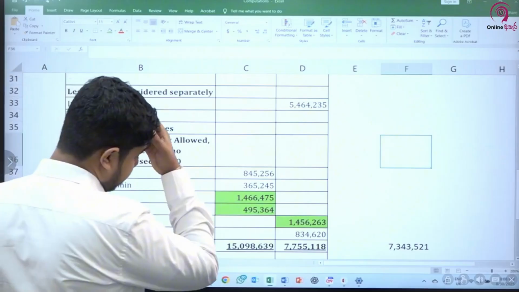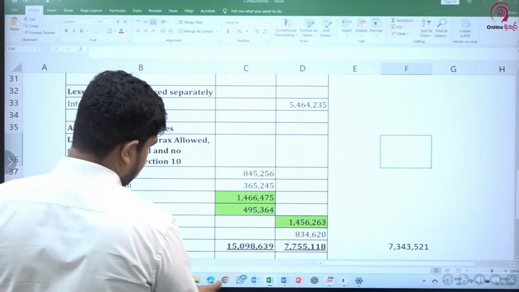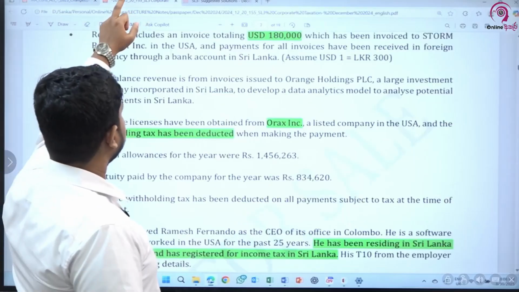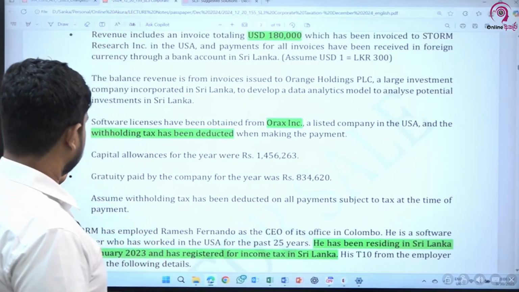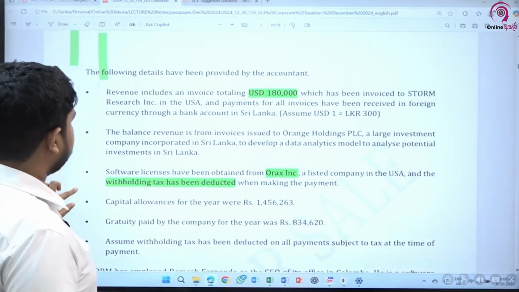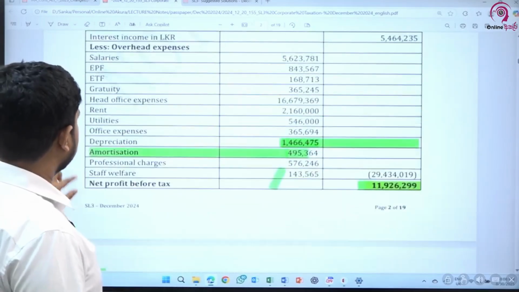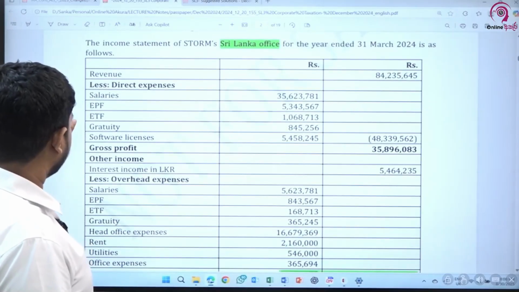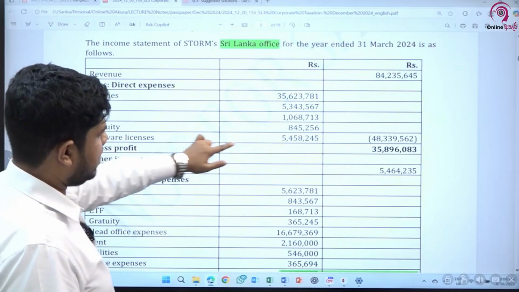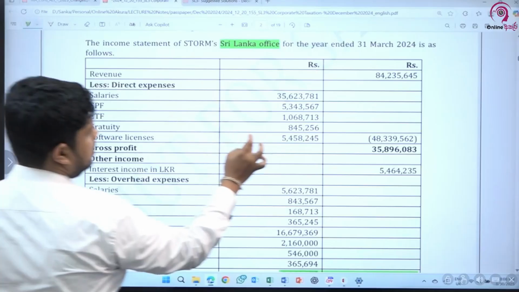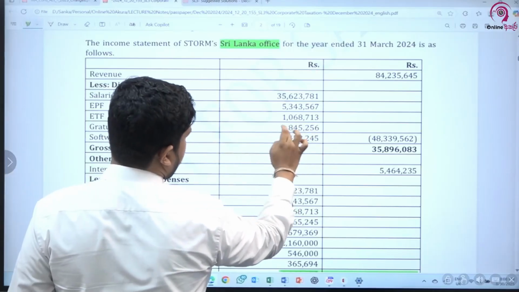Let's see where we have gratuity in our questions. I'll come to the payment part first, next. Right. Revenue direct expense, gratuity 845,256. Here we have gratuity.